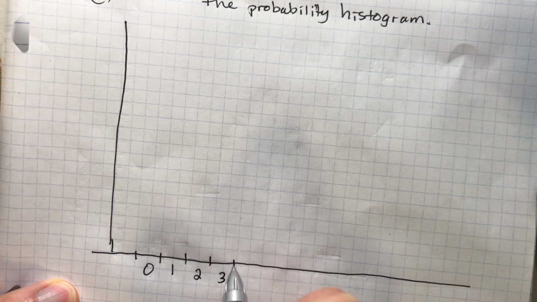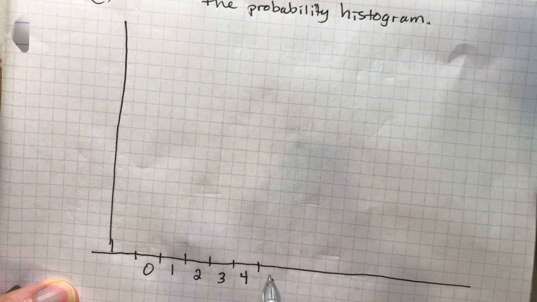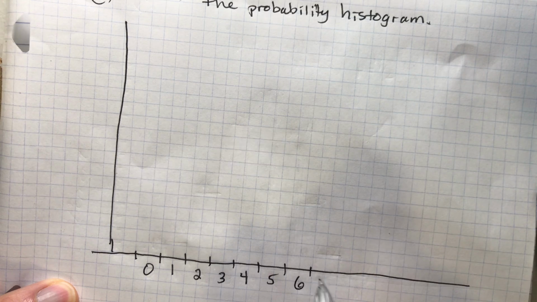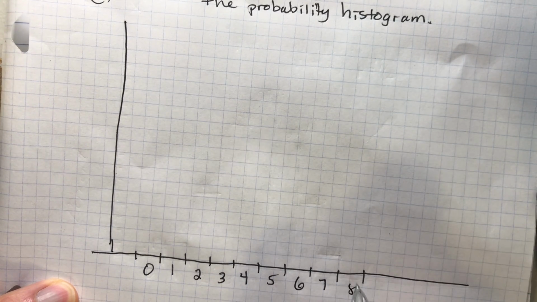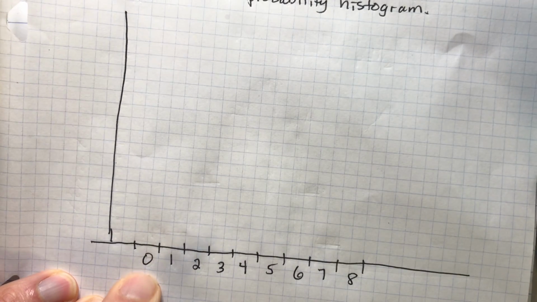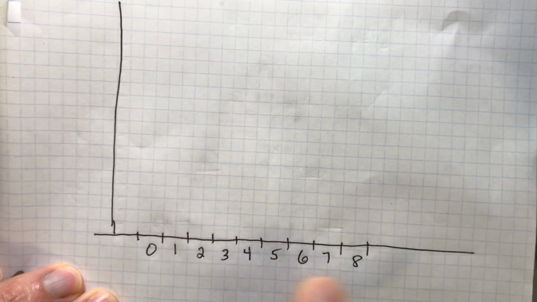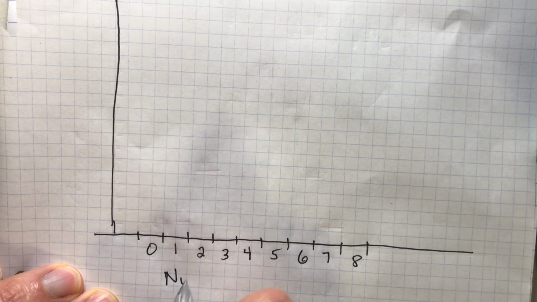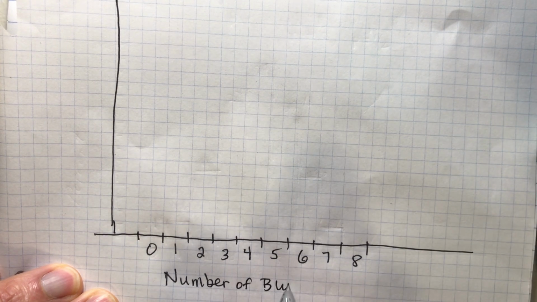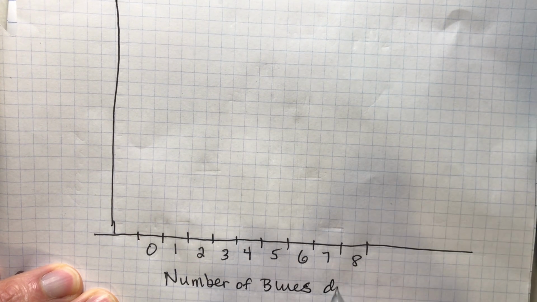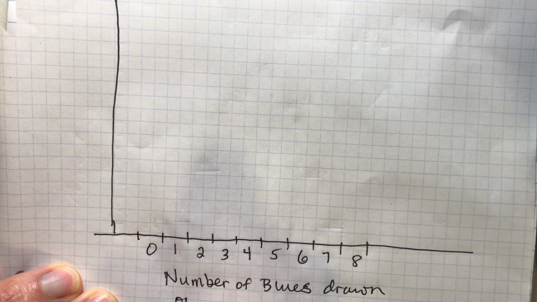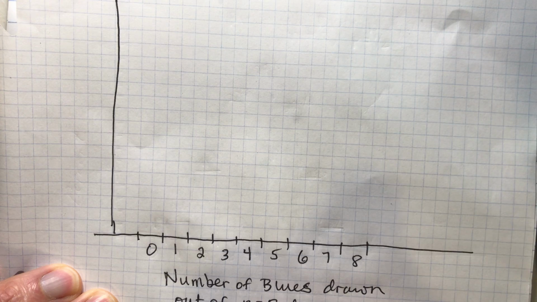Because these are discrete outcomes, I am going to make a bar for each outcome, and I'm going to place the numbers 0, 1, 2, 3. Those are the number of blues drawn out of n equals 8 drawings.